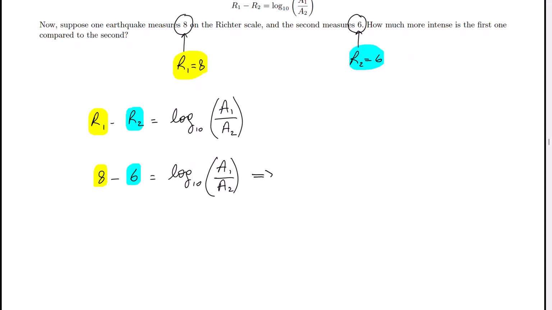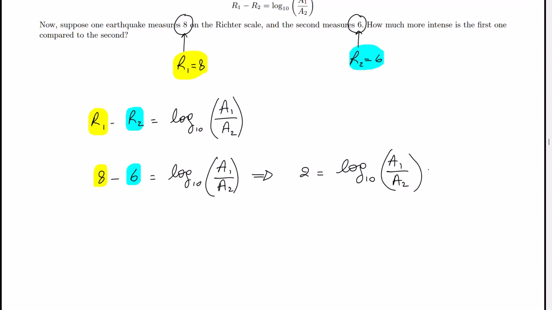By the way, 8 minus 6 is really 2, and so 2 is log base 10 of A1 divided by A2. We are going to be stuck with this logarithm base 10, but we really prefer not to have logarithm notation. So this is where I'm going to use the definition.